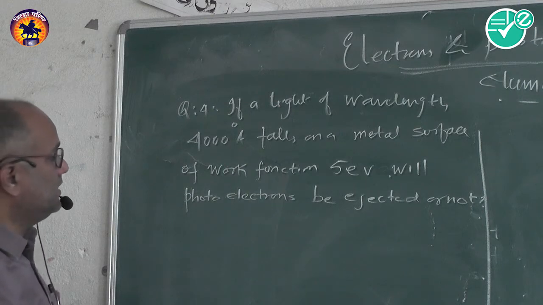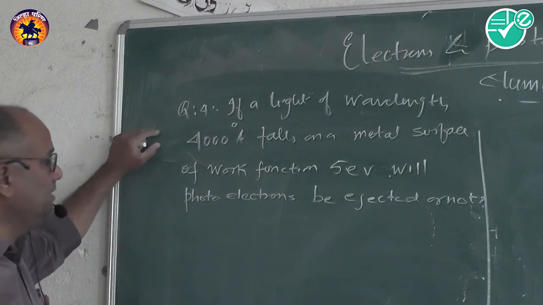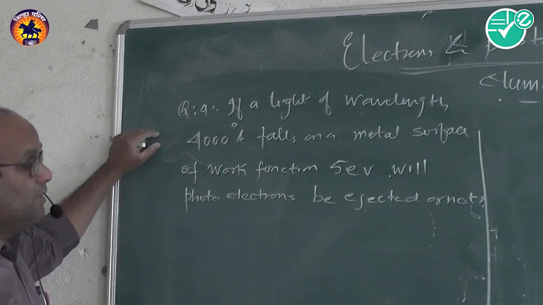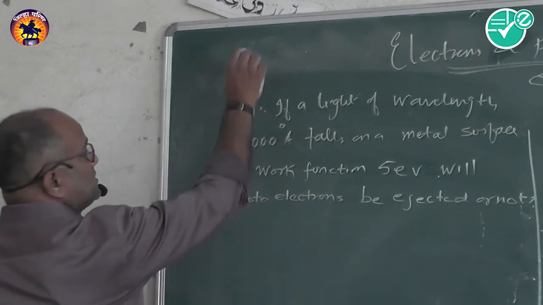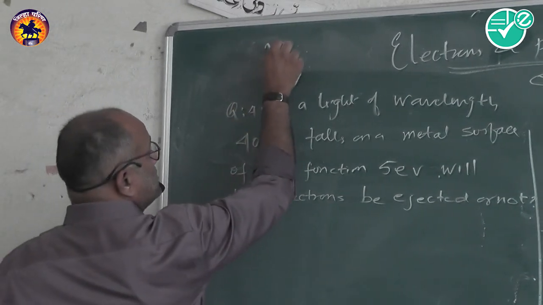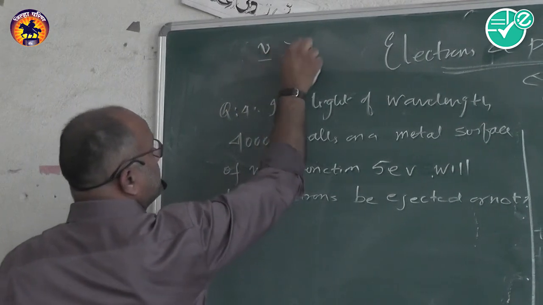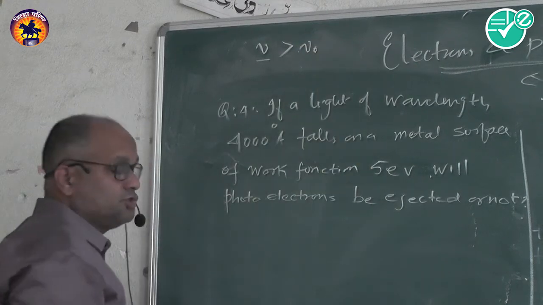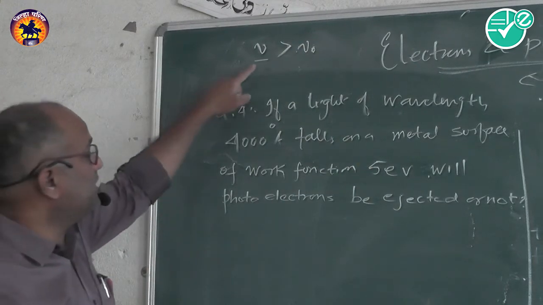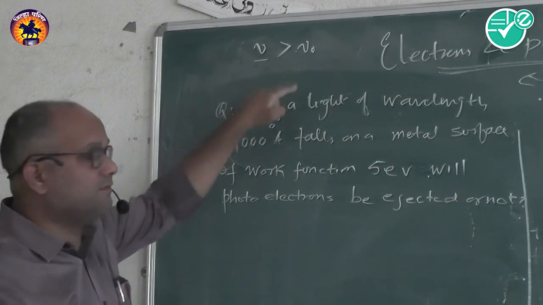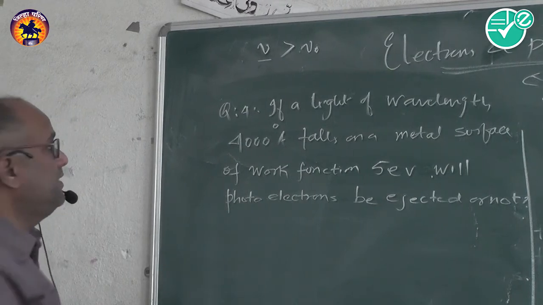Now look here, such questions are very important, because according to Einstein's theory, the incident radiation frequency should be greater than the threshold frequency, then emission will take place.